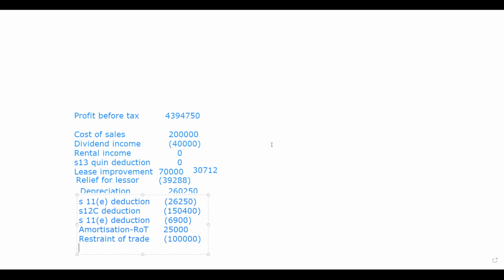So you also have to take note that the allowance you are allowing for this year is the last allowance on the building, because the building was brought into use in January 2002.